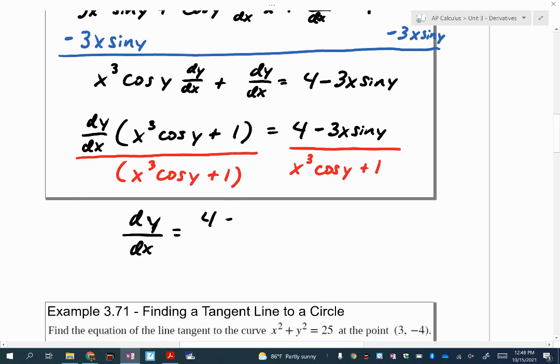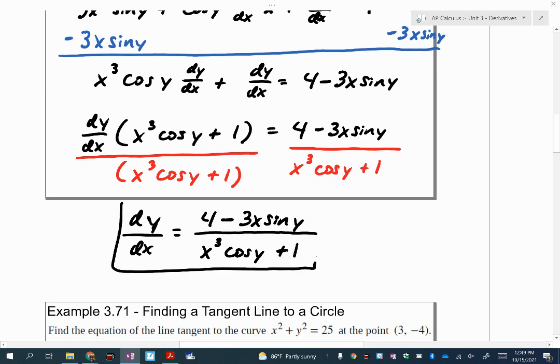So 4 minus 3x times the sine of y all over x cubed cosine of y plus 1. And that's it. That's kind of the main process here of implicit differentiation.